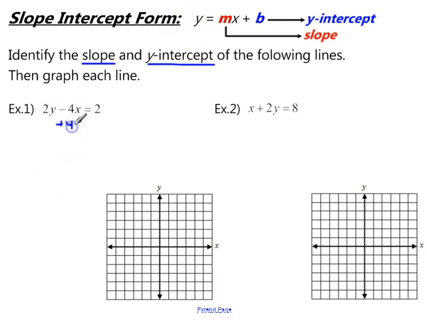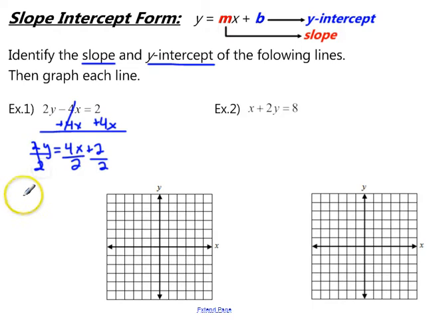So first, let's add 4x to both sides so that we can cancel it out over here, and we're left with 2y equals 4x plus 2. And then to isolate y, we want to divide by 2, and we need to make sure to divide every single term.